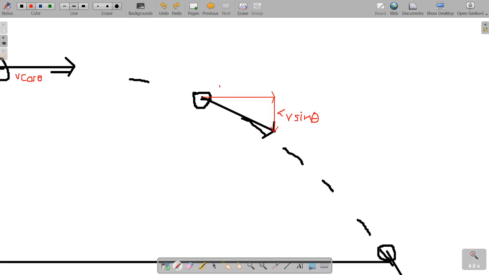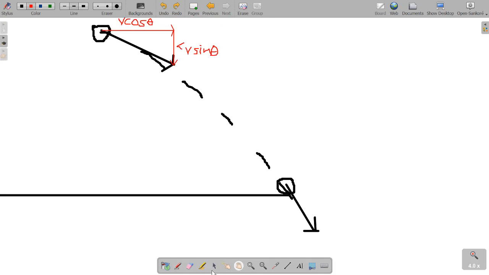Here your vertical velocity is still less than V sine theta. Then here, assume that it's the same elevation as when it was launched.